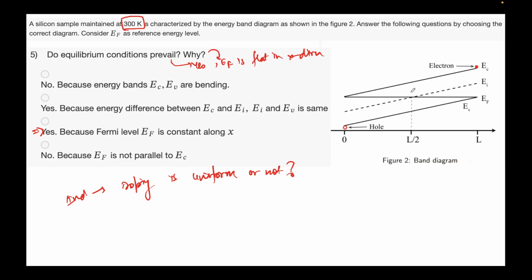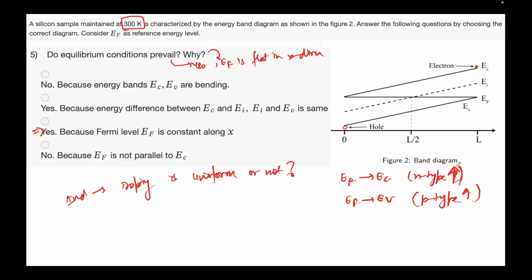Come on, respond. It's a simple exercise. I'll give you a hint. When EF is approaching EC, this means it's n type, more and more n type. N type increases. If EF approaches EV, its p type characteristic increases.